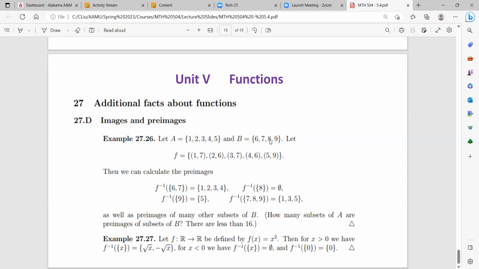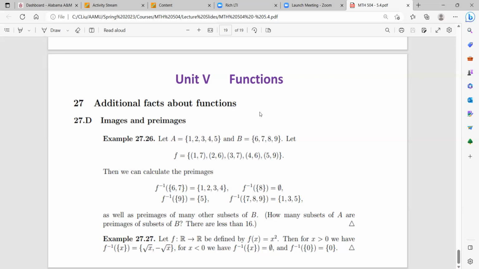So if you rule out 8 in all the subsets of B, then how many possibilities do you have? You have 8. Okay. For each of those 6, 8, or 9, if you consider a subset of B, you can either include the 6 or not.